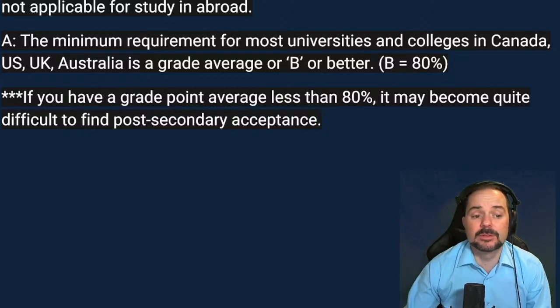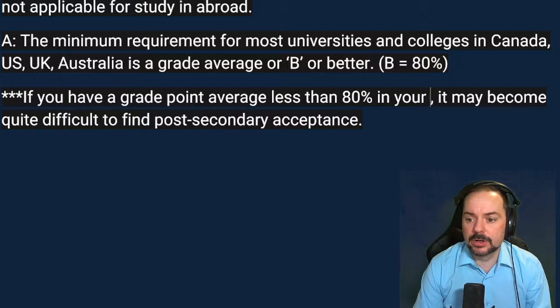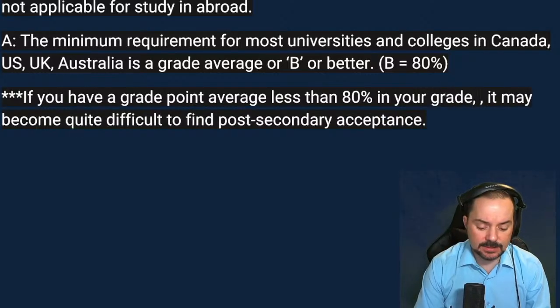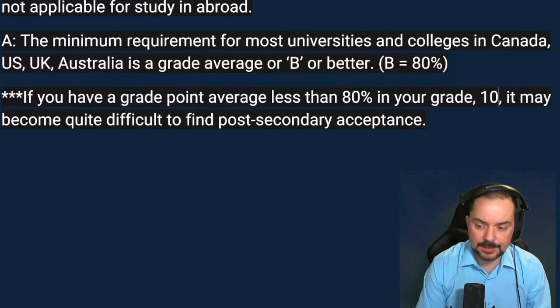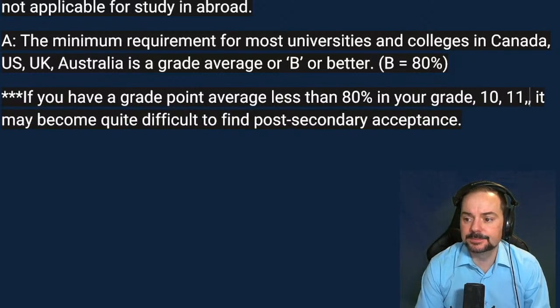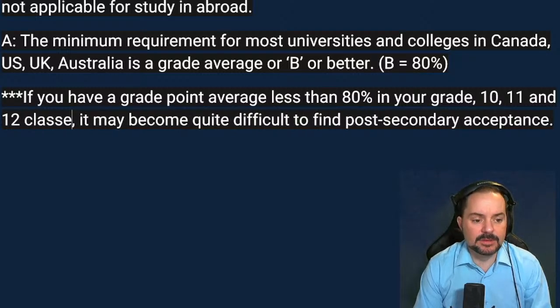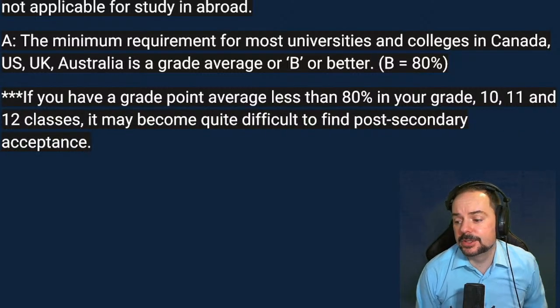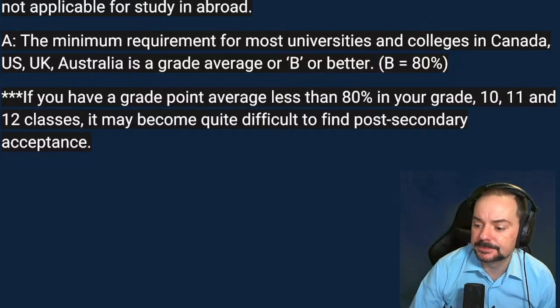Oftentimes they're also looking for grade 10 now as well. So if you have a grade point average of less than 80% in your grade 10, 11, and 12 classes. If you have grade 13, then it would be grade 13 as well.